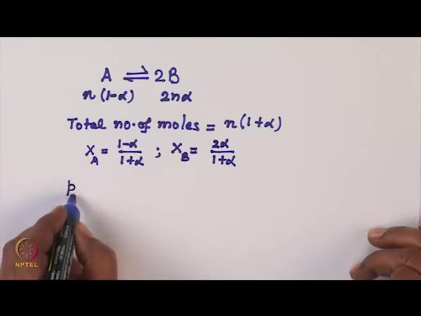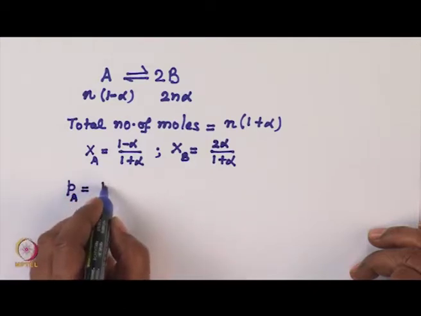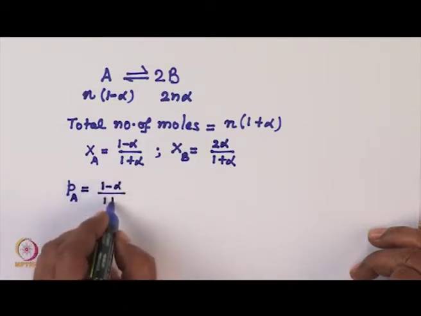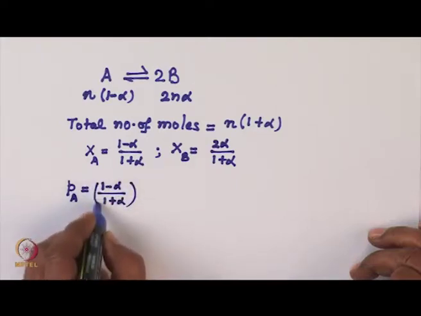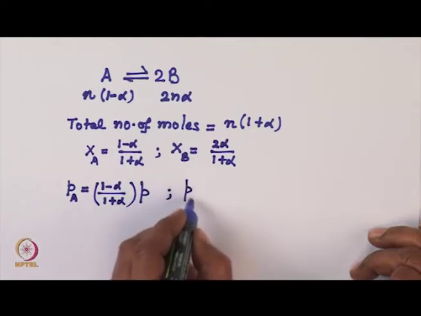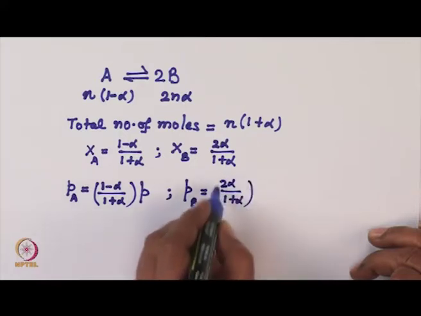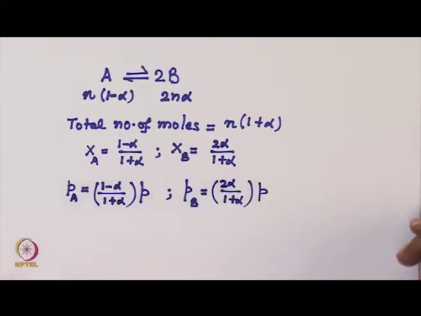Therefore, partial pressure of A is going to be 1 minus alpha over 1 plus alpha into total pressure, and partial pressure of B is equal to 2 alpha over 1 plus alpha into total pressure.